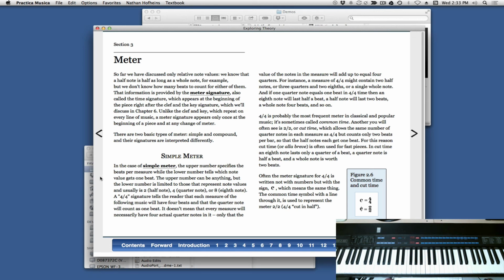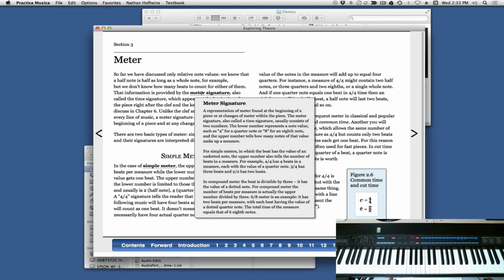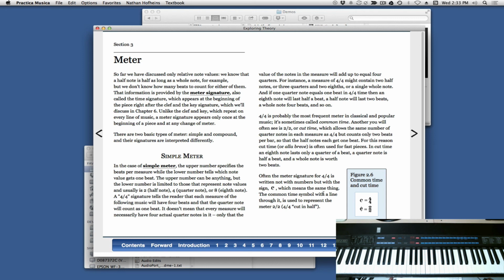beats are divided. So the first thing that it talks about is a meter signature. And a meter signature is like 4/4 or 2/2, which you see in music all the time. So with a simple meter, all that's referring to is that the beat is divided into two parts. A simple meter would be 4/4, where we have 4 beats and a quarter note gets a beat.